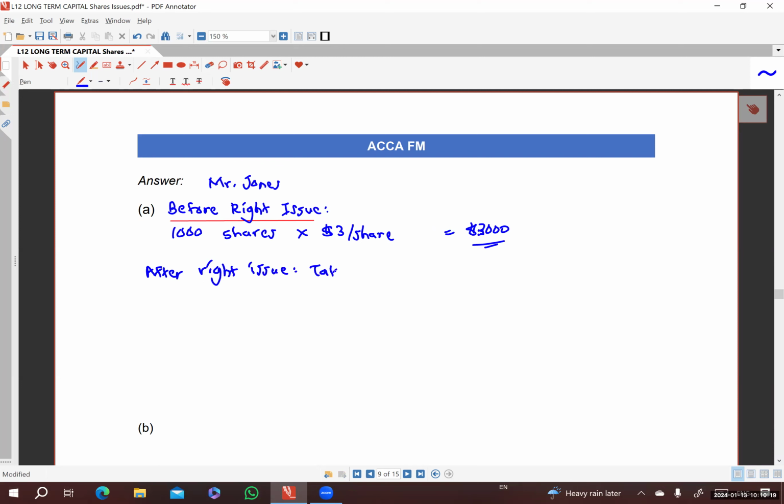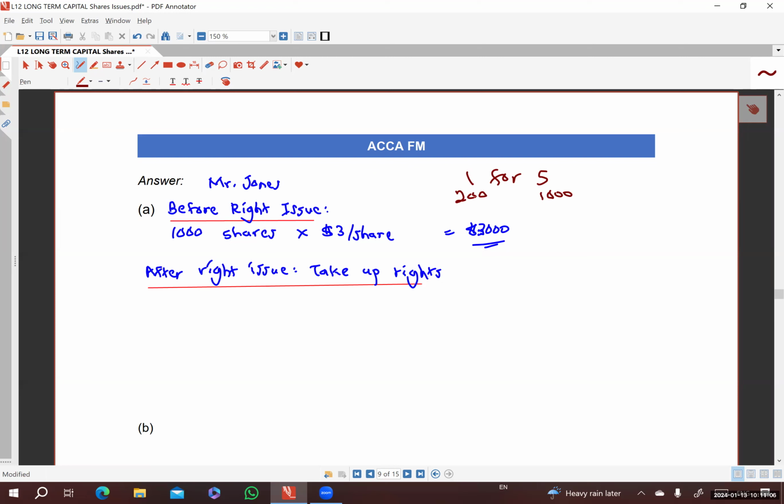After the rights issue, if he takes up the rights, it means he buys the shares. How many shares will he have now? One new share for five old shares. If he has 1,000 shares, 1,000 divided by 5, he can buy 200.